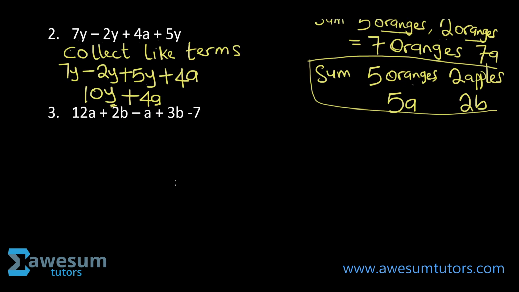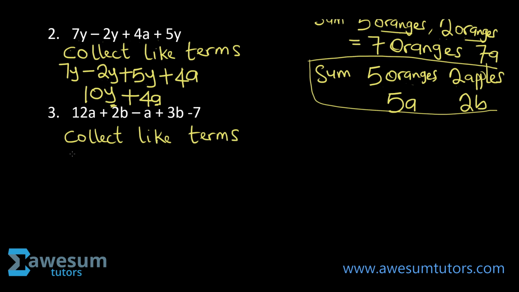Let us look at another question right here. 12a plus 2b minus a plus 3b minus 7. Take note, you want to collect like terms. You want to put like terms together.